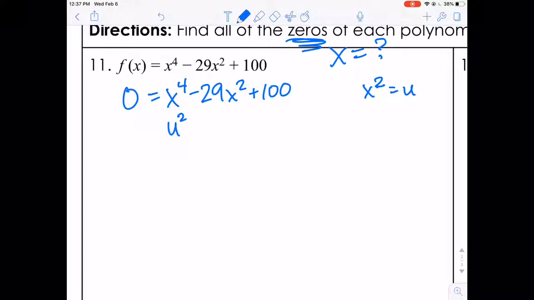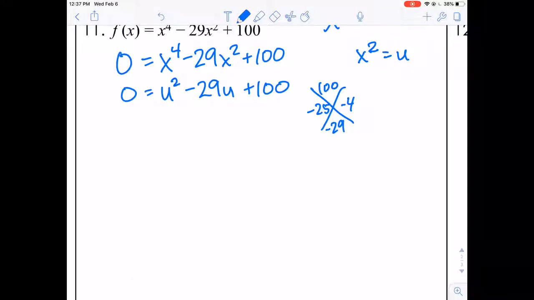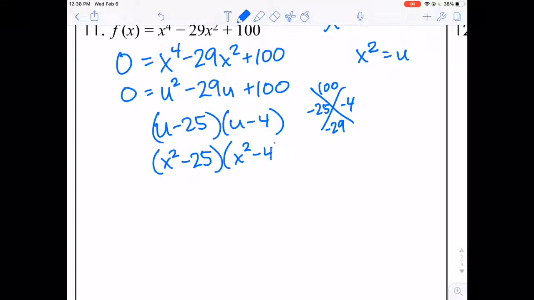So I have really u squared minus 29u plus 100 still equals 0. I'll factor this, 100 and negative 29, negative 25 and negative 4. So I would have u minus 25, u minus 4. U is x squared, so x squared minus 25, turning those u's back into x squareds.